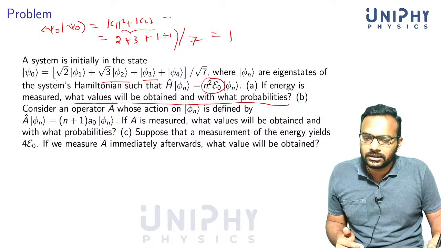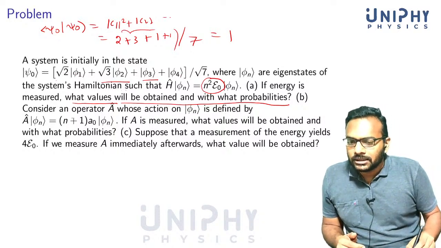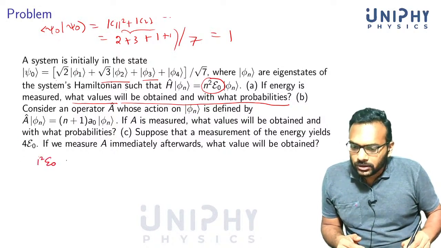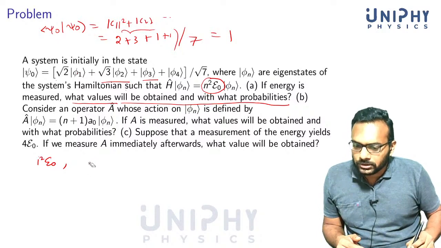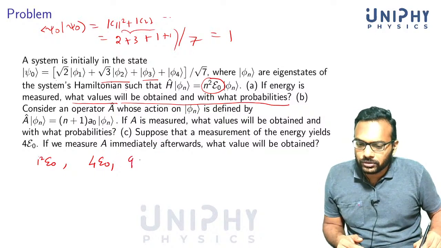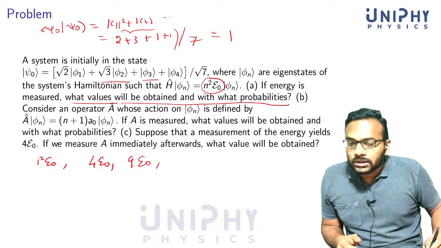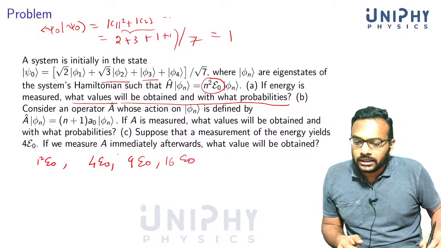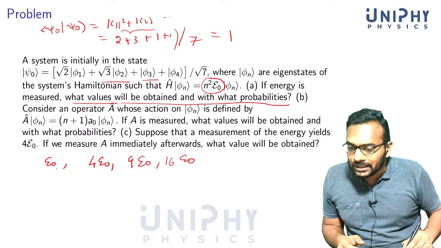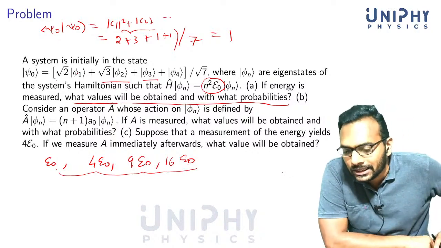Epsilon 0 has dimensions of energy, and n here is 1, 2, 3, 4, etc. So the possible values of energy would be 1 squared epsilon 0, 2 squared epsilon 0, which is 4 epsilon 0, 3 squared epsilon 0, which would be 9 epsilon 0, and 16 epsilon 0. These are the eigenvalues corresponding to the eigenvectors, and these are the values that you expect when you make a measurement. You will get one of these values as the energy measurement.